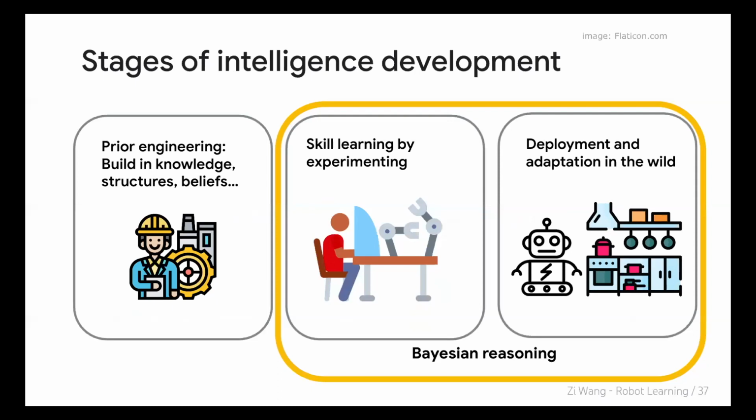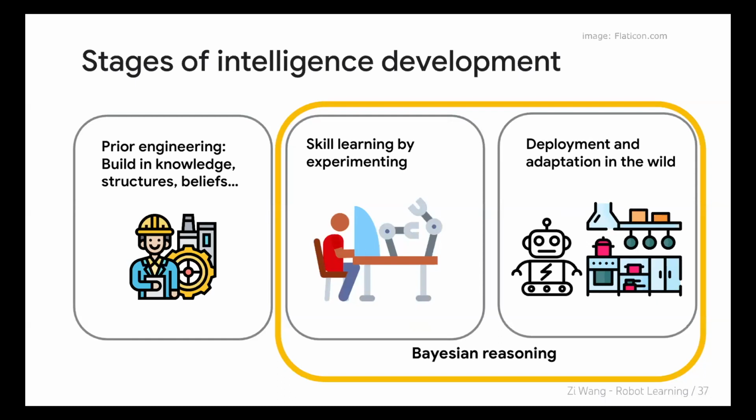In this case, we can group the second two components together because both of them act in the stage of doing Bayesian reasoning, deciding what to do, and build on top of the priors assigned by our experts, and act intelligently both in experimental design and when adapting its behaviors in the wild.